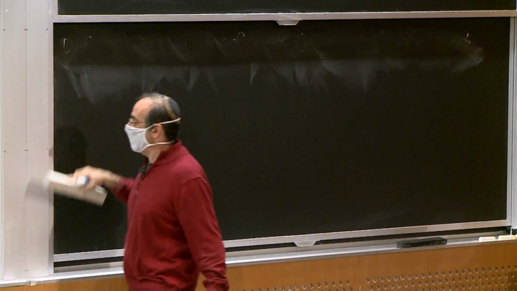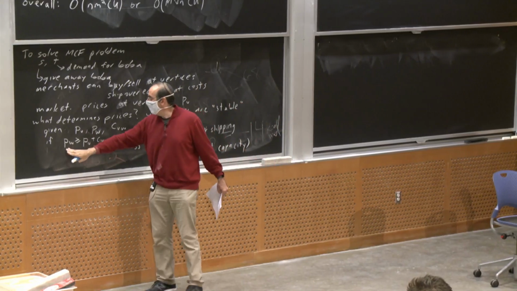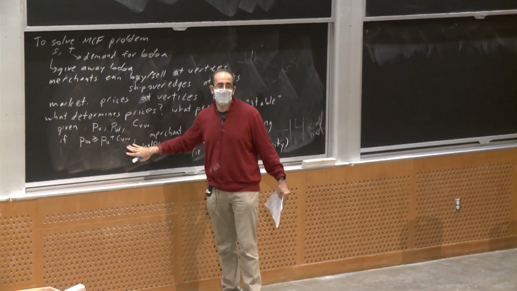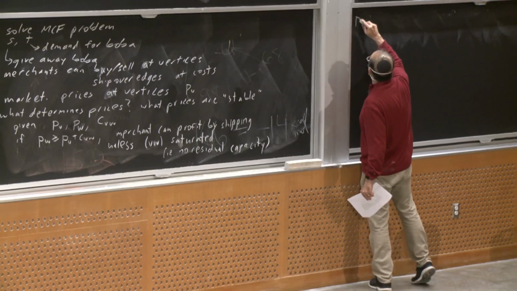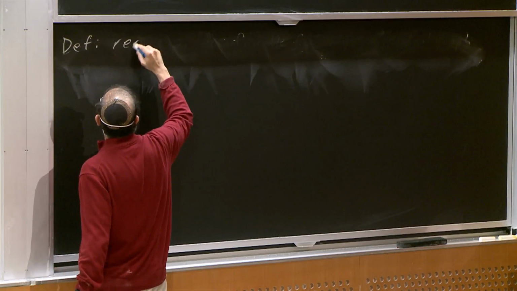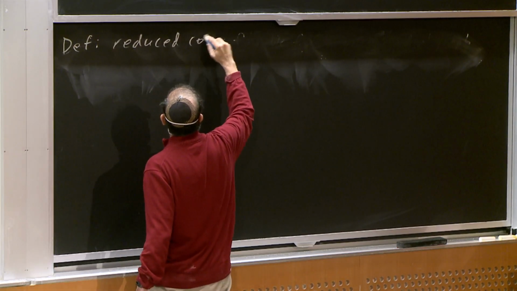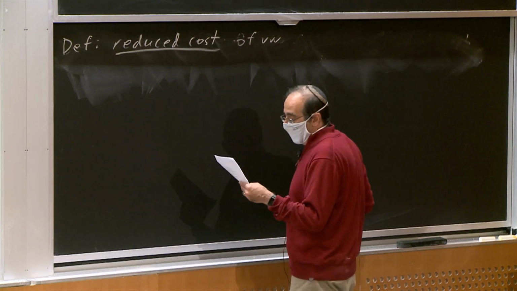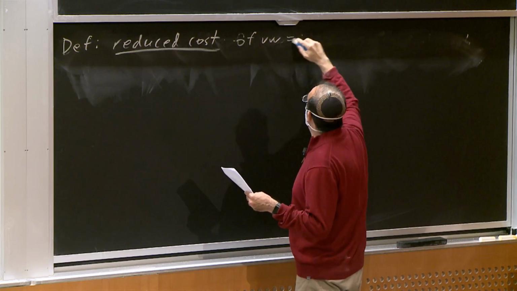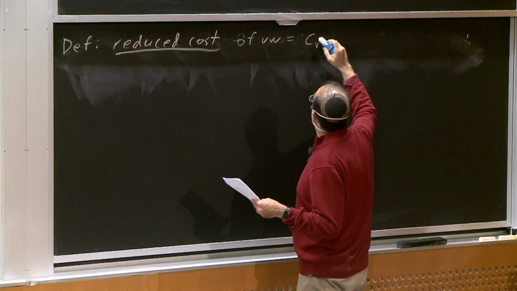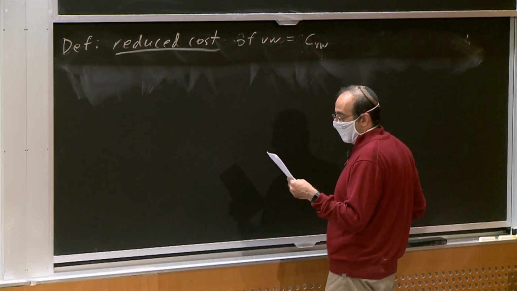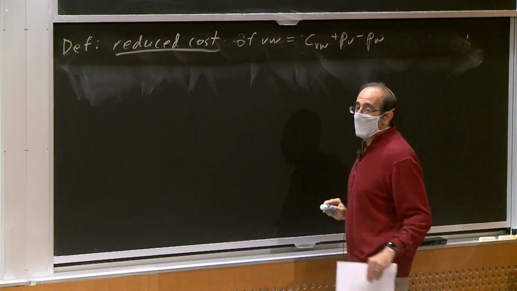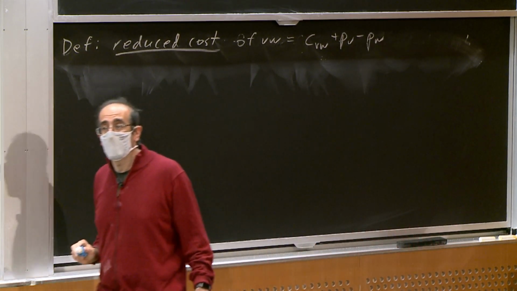So this quantity that we're interested in, right, PW being greater than PV plus CVW. I'm just going to move PW over to the other side. I'm going to define the reduced cost of VW to be equal to the original cost of the edge plus the price at V minus the price at W. Okay?